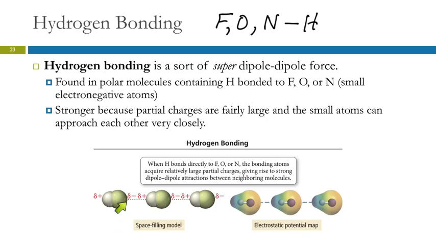And so the force of attraction here is greater because the partial charges are larger. So the hydrogen bond is just that dipole-dipole force of attraction between a hydrogen on one atom and one of these guys on the neighboring atom. But you have to have hydrogen bonded directly to one of these. It's not just enough that you have it in the molecule somewhere.